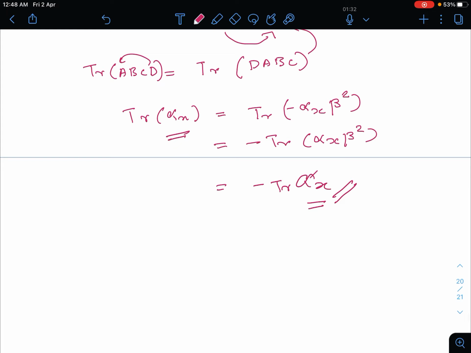So there are only limited possibilities for that. That means either all the diagonal elements should be 0, or if these are not zero, then the order of this matrix should be even.